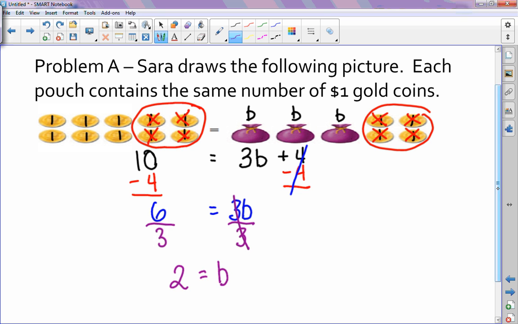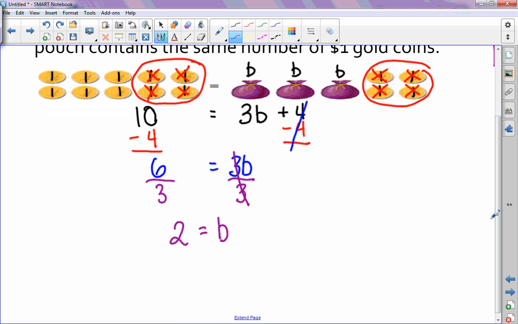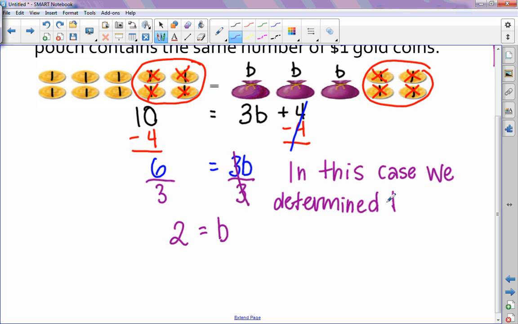Now remember, up here at the top, our B's represented diplomatic pouches, so let's write a sentence about our equation solving strategies. So we can say, in this case, we determined there was 2 coins per bag.